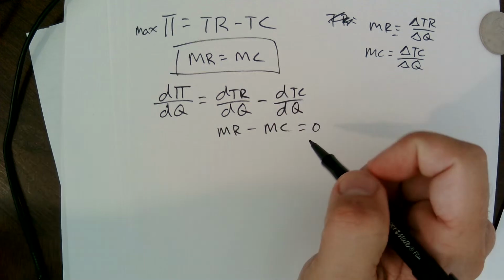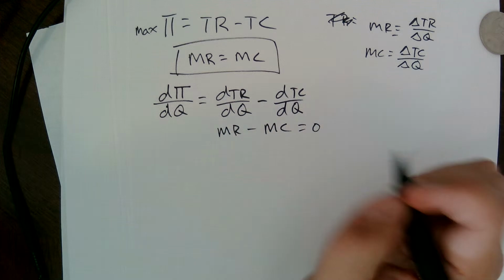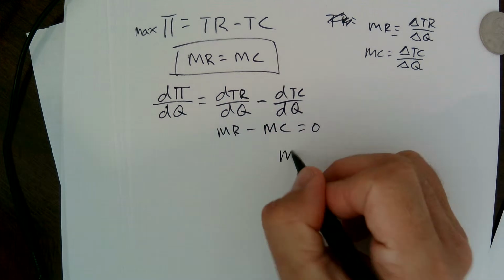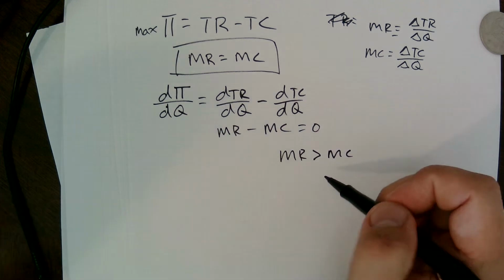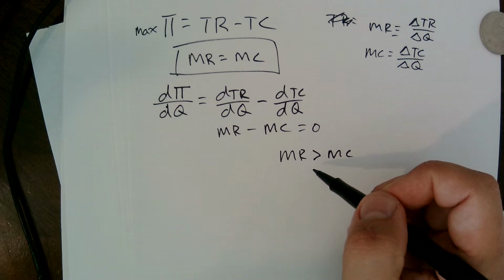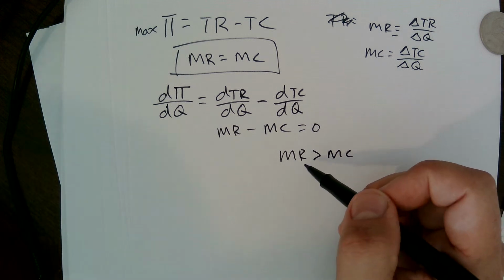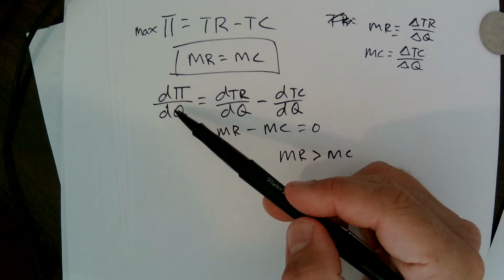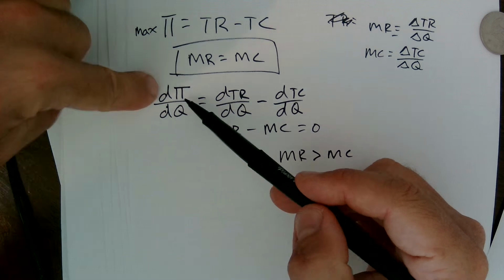But now let's just think about this intuitively without any math. What happens when marginal revenue is greater than marginal cost? Well, we know revenues increase with quantity, right? So when I'm adding another unit of quantity, how's my profit changing?